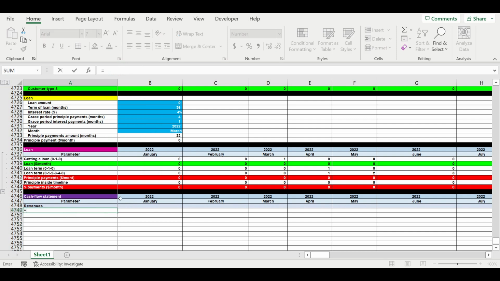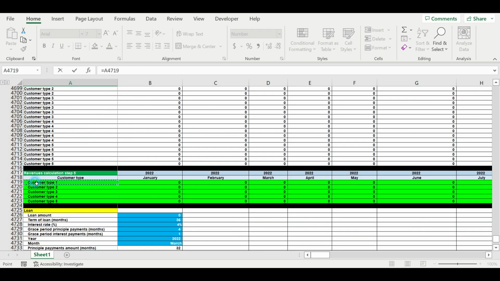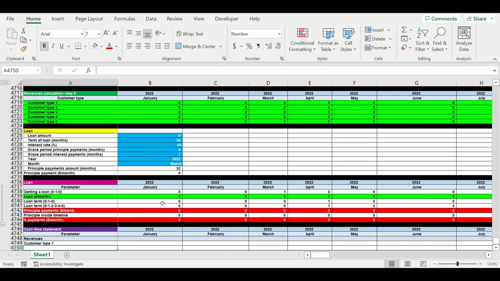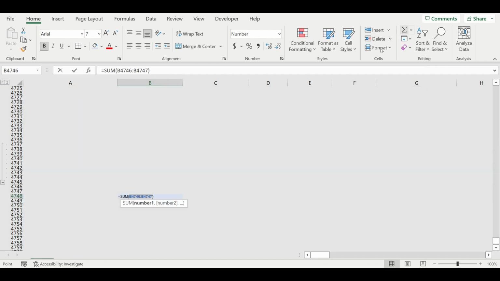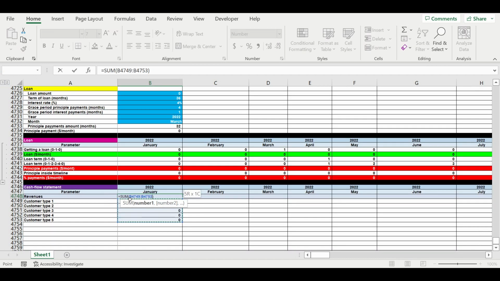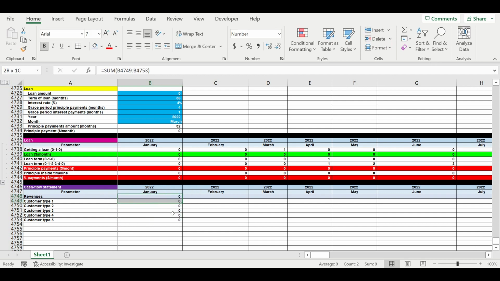So we are taking the revenues from the green lines, which are the lines that we will be plugging in here. I'm creating totals. Now I will extrapolate this formula to the whole of our timeline.